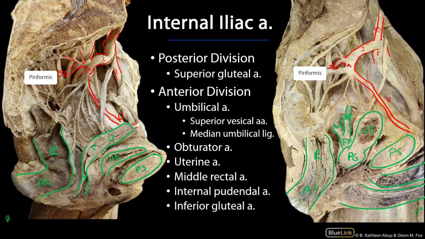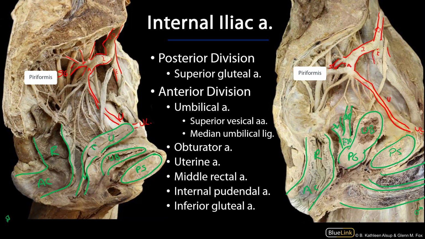And once it hits that anterior body wall, at least in any age beyond parturition or birth, it is going to be obliterated, and it will be the umbilical ligament. And that umbilical ligament is going to be found running in the anterior abdominal wall in a fold of peritoneum known as the lateral umbilical fold, heading up towards the umbilicus.